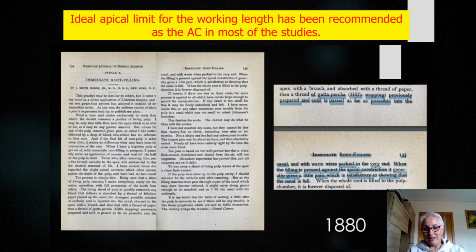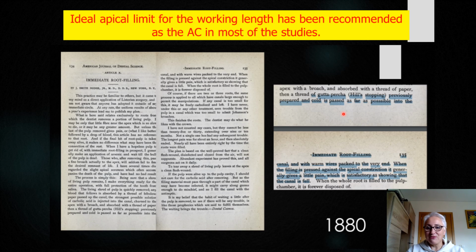Why do I say this is the same as at the end of the 19th century? I found this article published on the internet. I don't remember exactly where, but it was from 1880, and even this article tells us about the apical constriction.